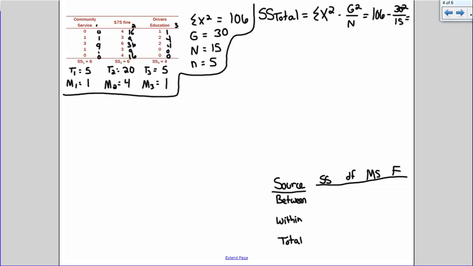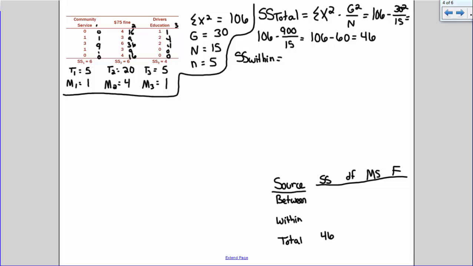One step at a time, let's copy everything except for what we're solving, right? So 106 minus 30 squared is 900 divided by 15. This becomes 106 minus 60, which gives you 46 for your sum of squares total. Boom, there it is.